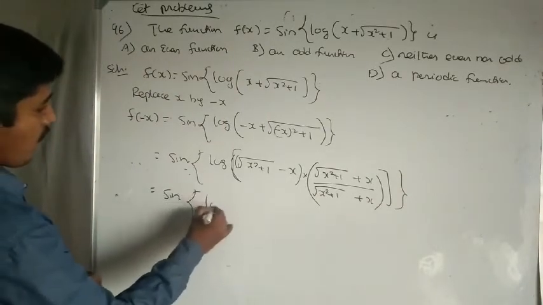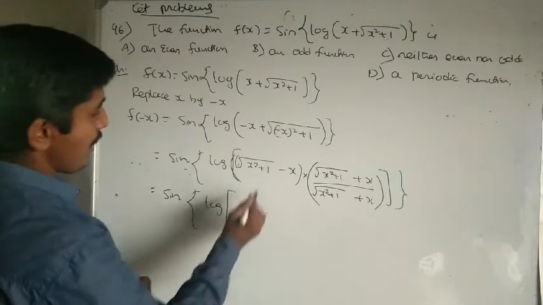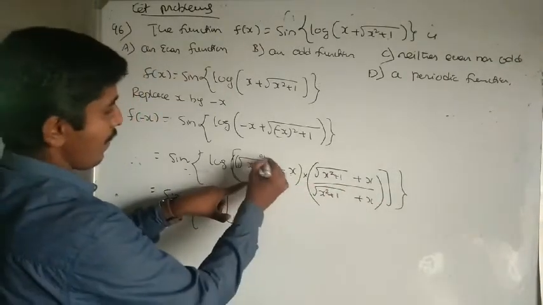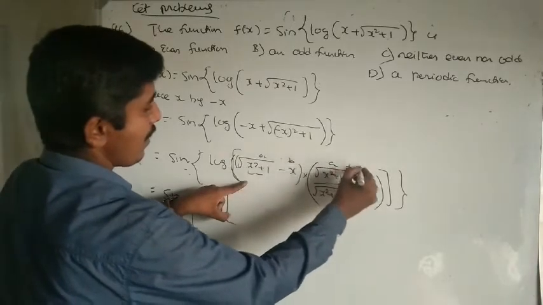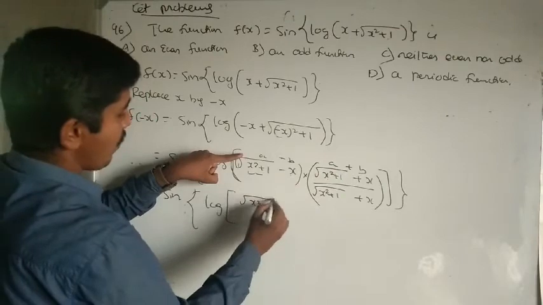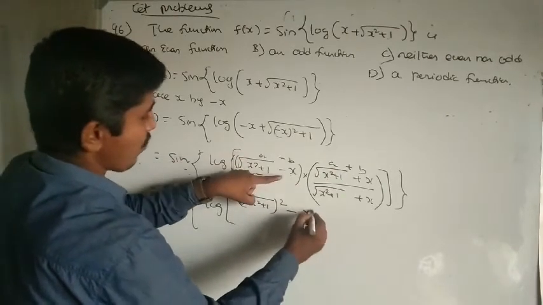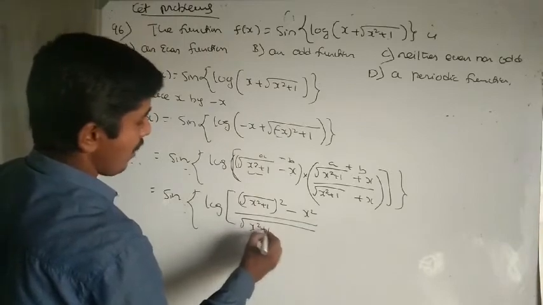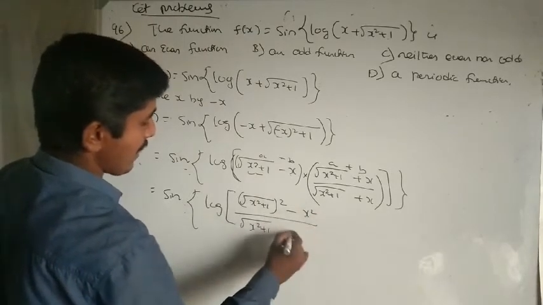Sine of log of, this is a minus b into a plus b, which is a square minus b square: root of x square plus 1 whole square minus x square, divided by the denominator as it is, root of x square plus 1 plus x.